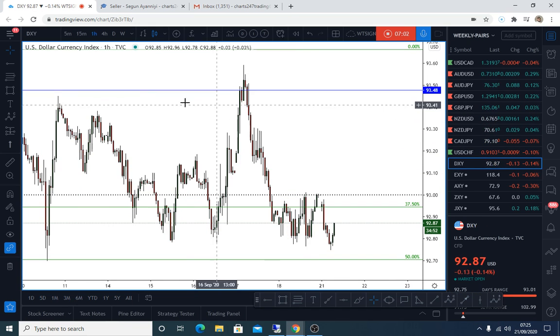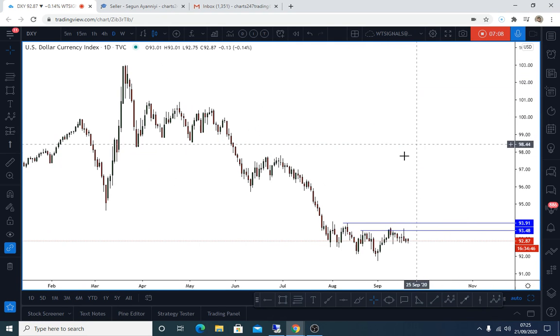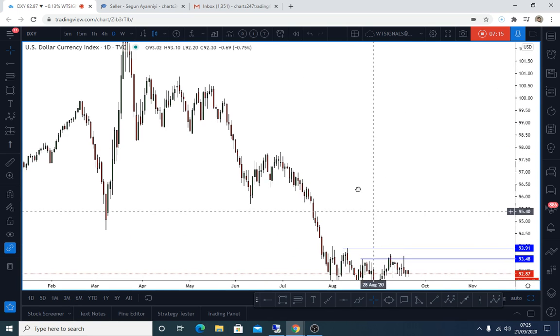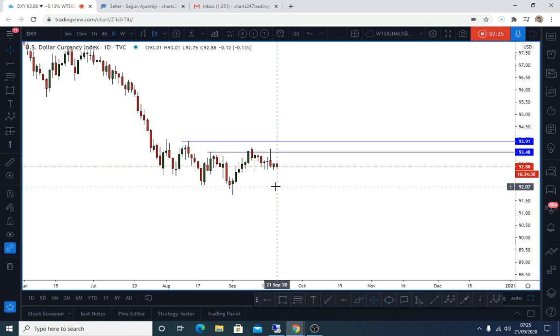Let's look at the DXY. I spoke about this yesterday, and as we've seen, price is currently coming from the low of Friday. That is significant. For those that know how daily works, the daily lows and highs act as buying and selling points, especially if you are in a long-term trade.